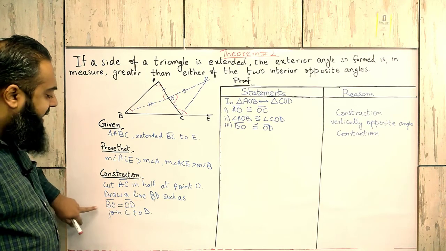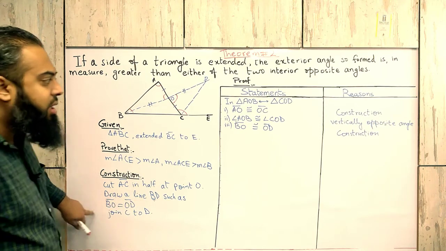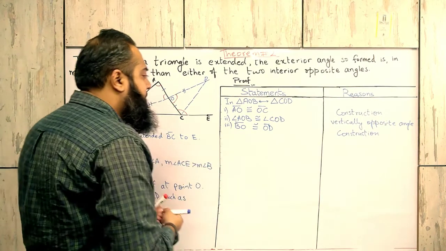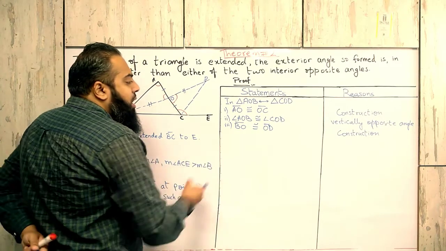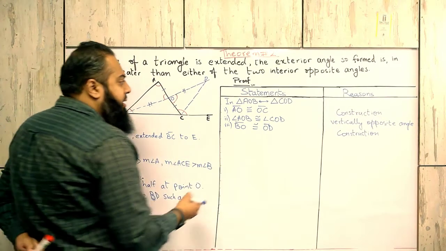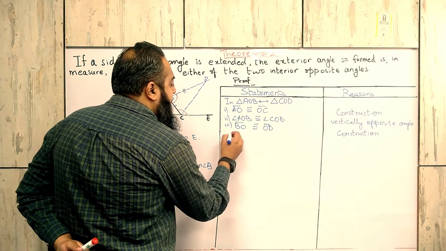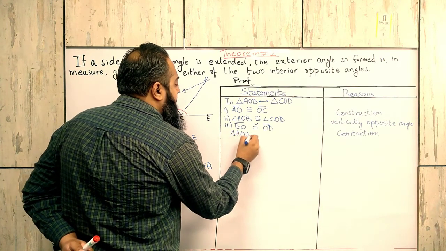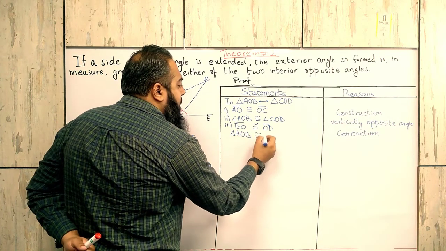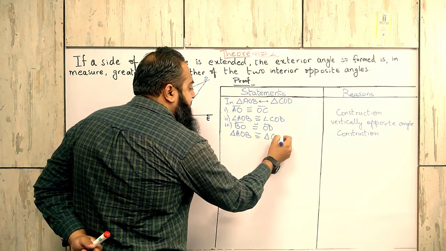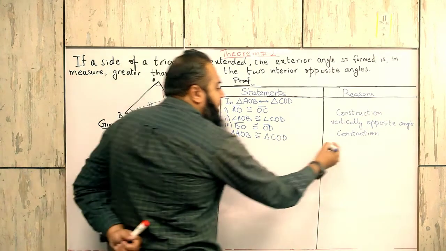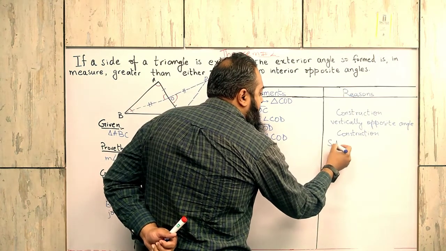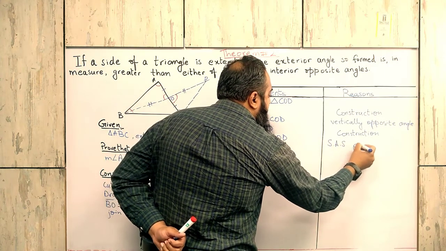If two such lines are equal to each other, they will be congruent. Now, according to the property of triangles, triangle AOB will be congruent to triangle COD according to the side angle side postulate.